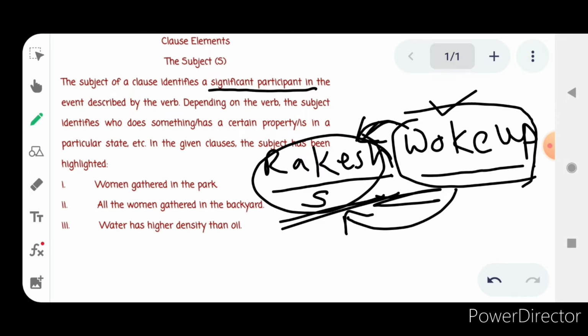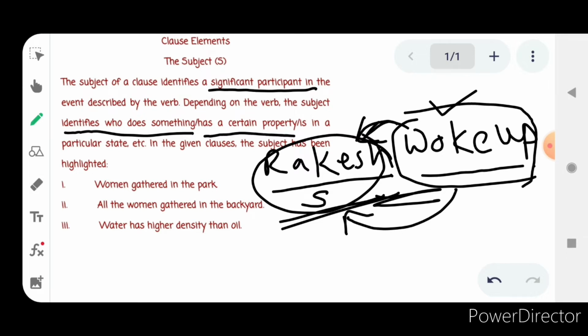Now, going further, what he says here is that the subject identifies who does something, or who has a certain property.